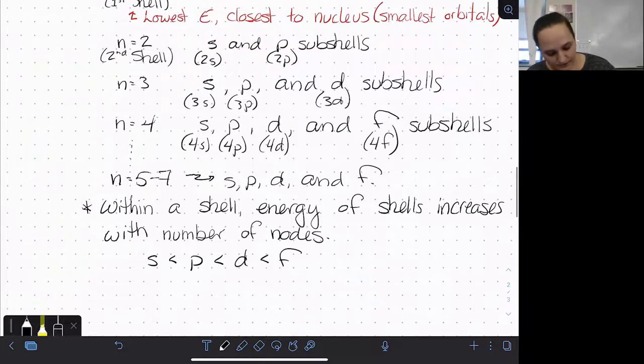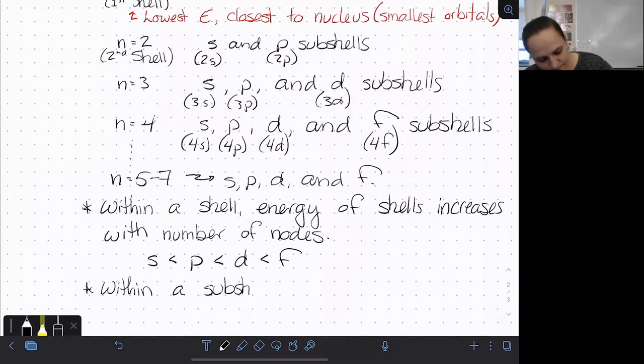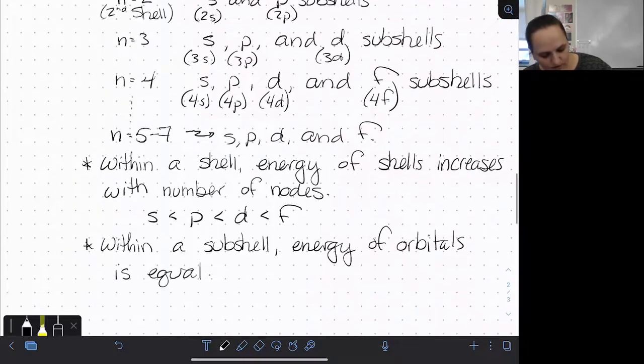Within a subshell, the energy of all orbitals are equal. This is what we call degenerate, when things are equal in energy.